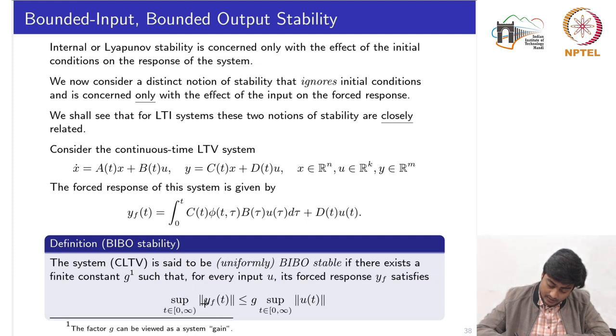That is, the supremum of the norm of the signal Y of F, over all T greater than or equal to 0, is less than or equal to the gain G multiplied by the supremum of the norm of the signal U of T over all T greater than or equal to 0.